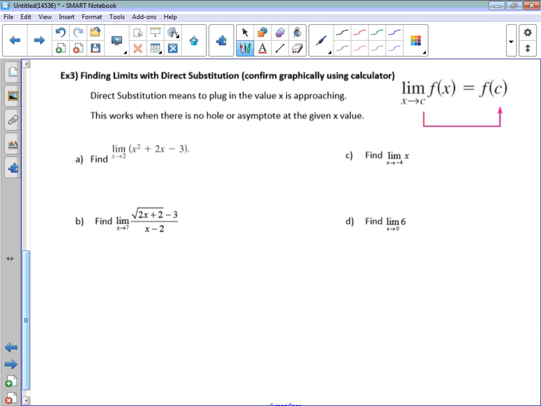So can I plug a 2 into this? Yeah. So you're doing 2 squared plus 2 times 2 minus 3. What do I get? 5. Yes, that's your answer.